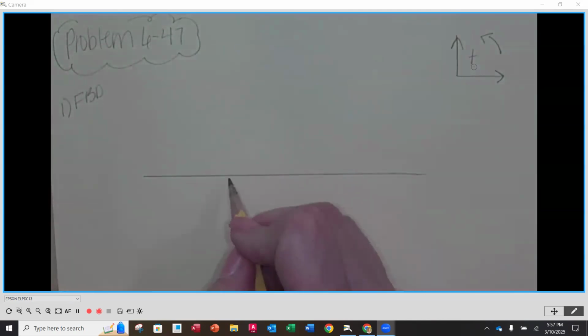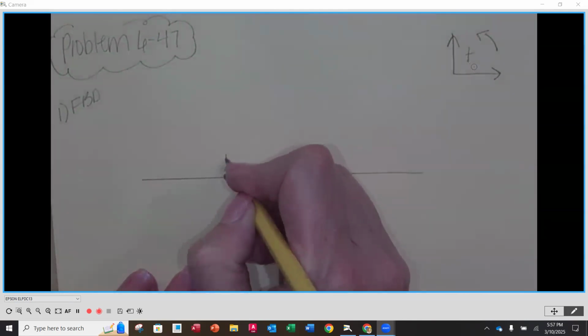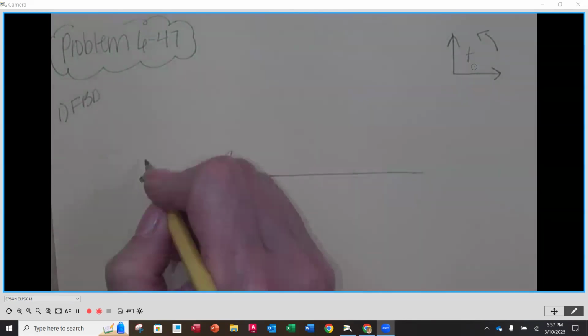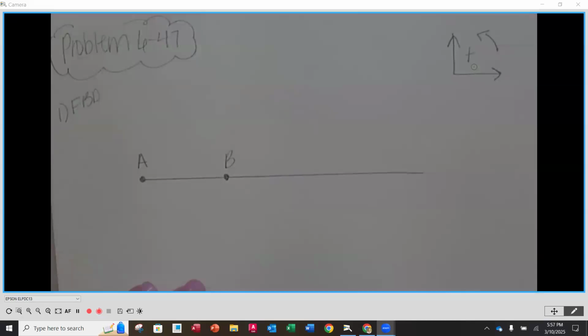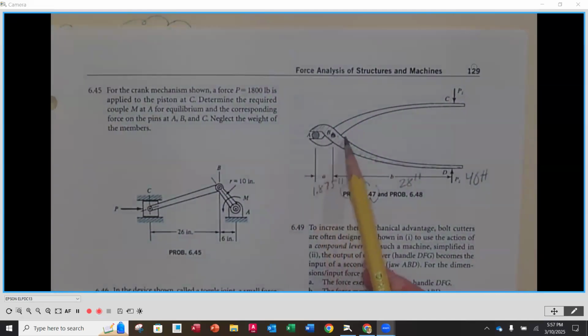Okay, so right about here, I'm going to identify point B. Okay, out here, it's going to be point A. Okay, and out here is going to be point D. Now I know this handle isn't straight, but by the principle of transmissibility, okay, these are pretty much in line.